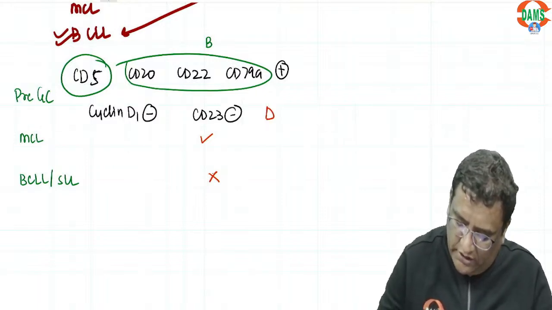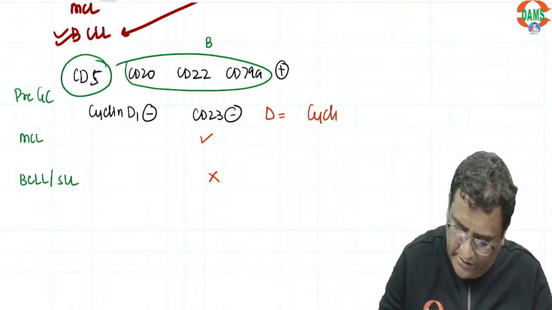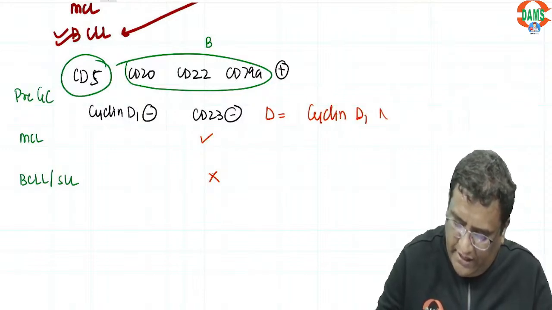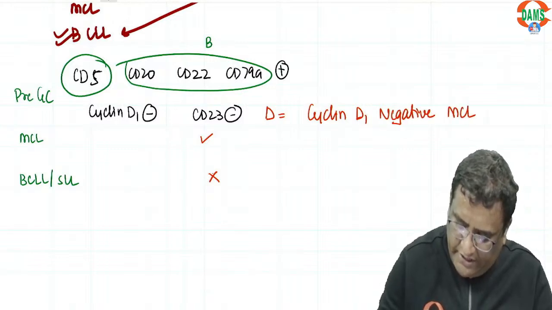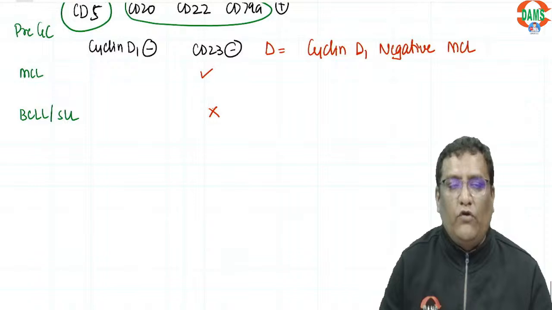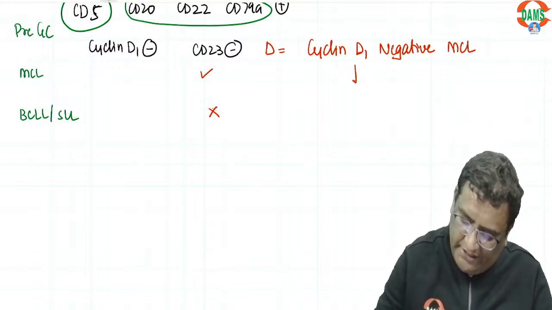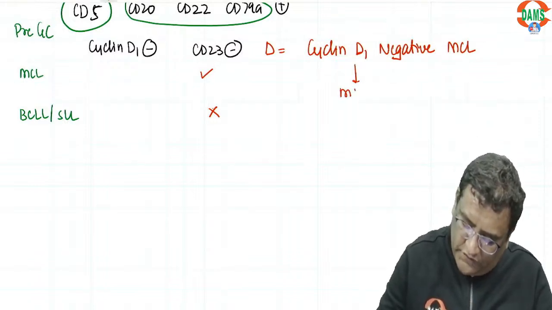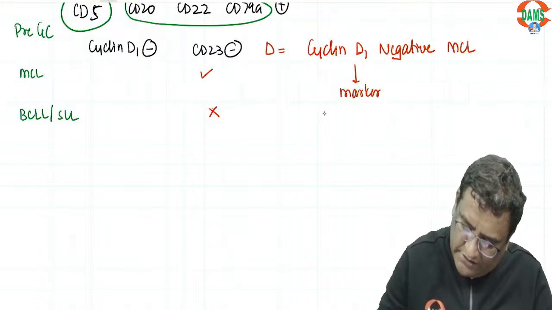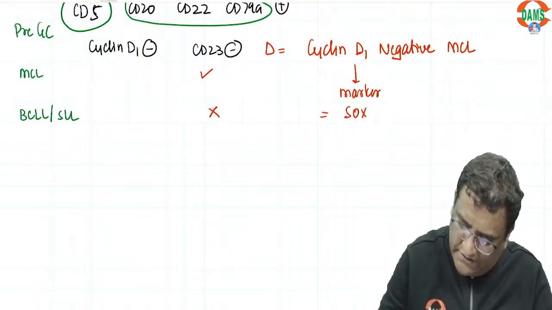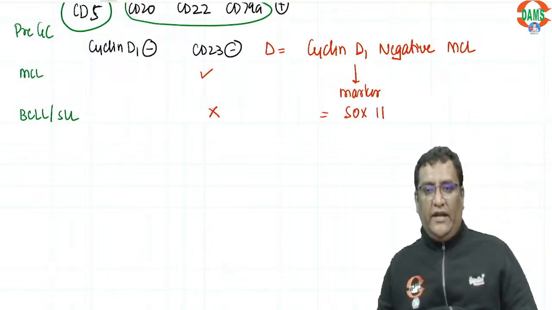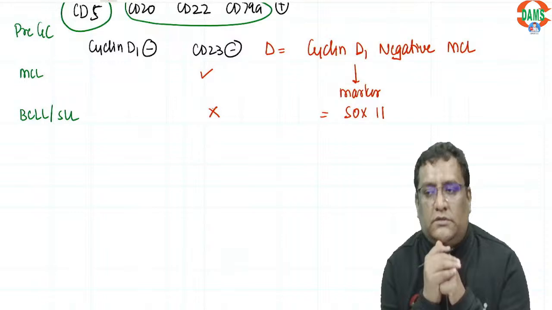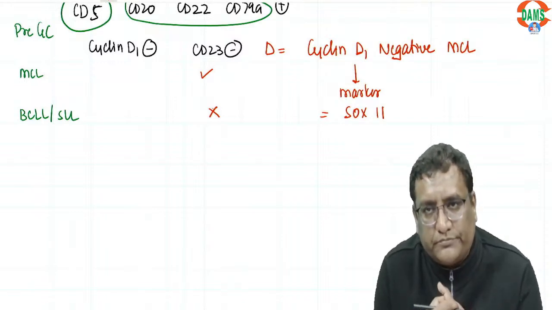The diagnosis here is called cyclin D1 negative mantle cell lymphoma. And expect this question: the marker for such a cyclin D1 negative mantle cell lymphoma is SOX11.